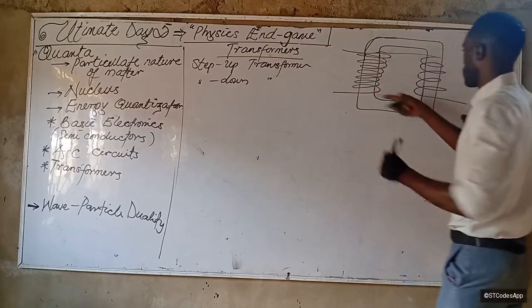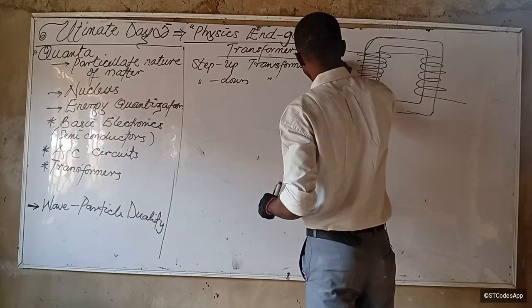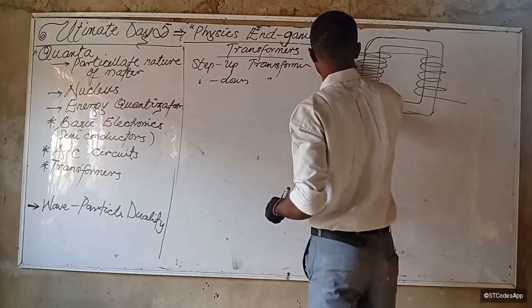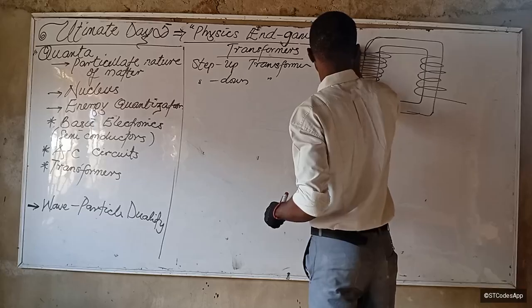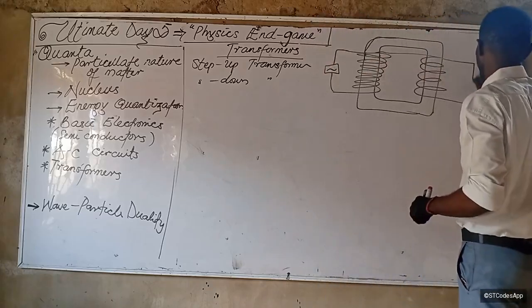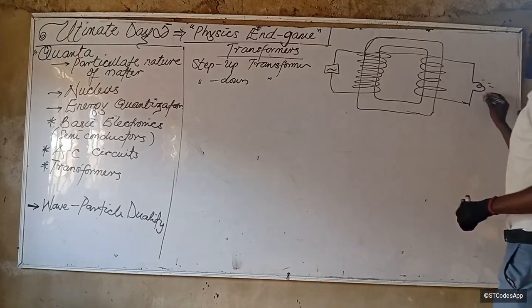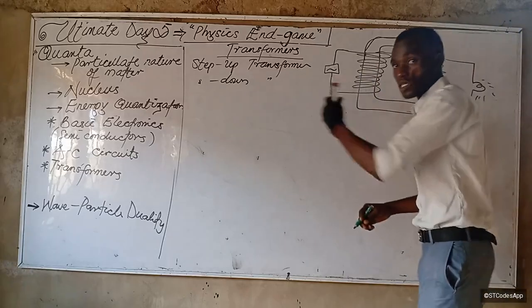We can be connected here or at the base. Okay? So this one is connected to the AC source, and this one is connected to the load. These are bulbs.